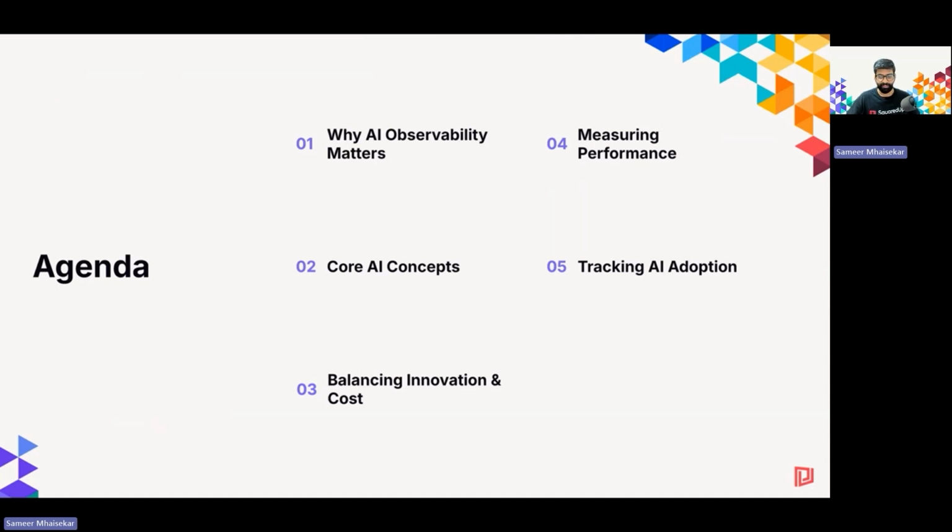Do keep in mind that while this will be more targeted towards Microsoft AI, like Copilot and Azure AI, a lot of this, if not all of it, also applies to any other AI systems in general. And so with that, let's dive in.